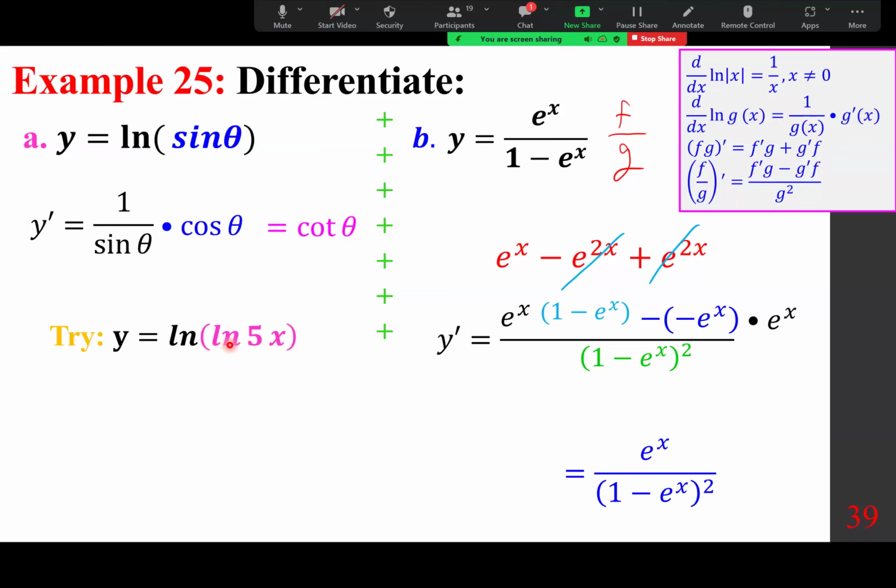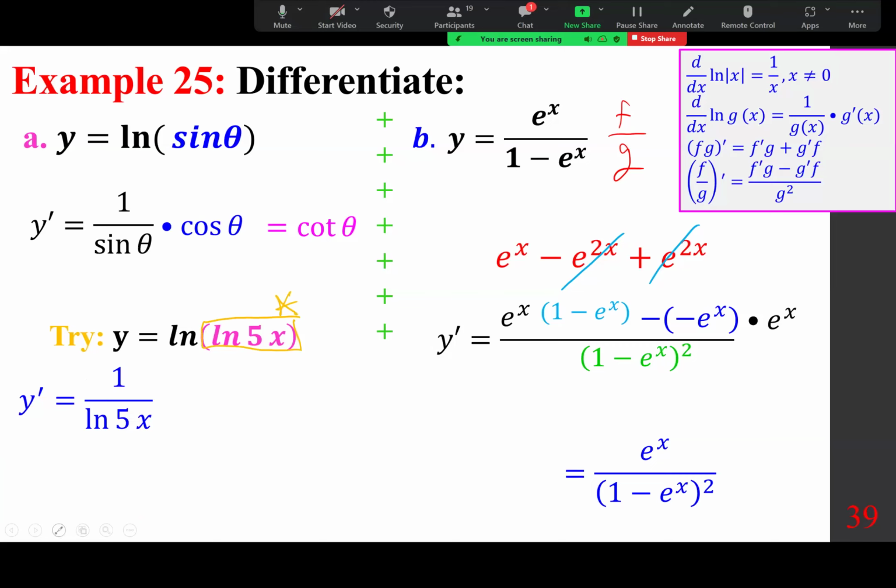So understand that ln of 5x is the argument of ln. According to this formula, flip over the argument. So 1 over ln of 5x. Now we want to go to g prime. Now we are going to work on this piece and differentiate it.